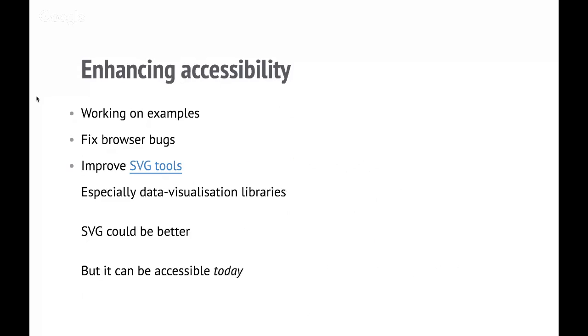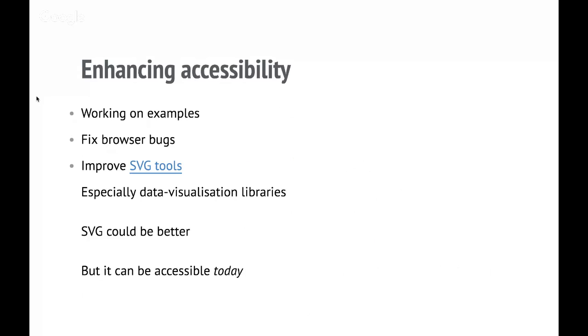The future of SVG, in terms of enhancing accessibility, one of the things that people need is to see examples. Working on examples is really important. It will be good to fix some browser bugs, and especially to improve the tools that are used to create SVG. One of the big areas of uptake is data visualization.